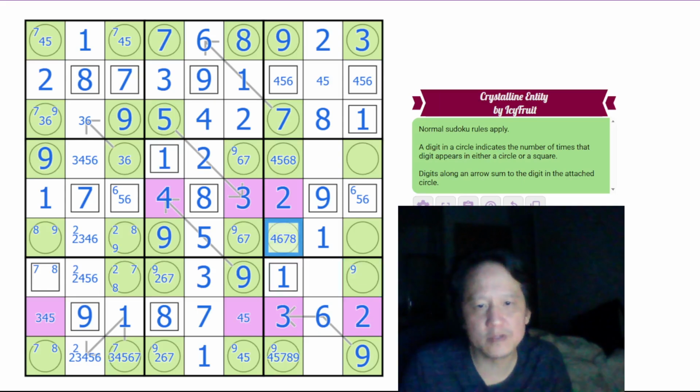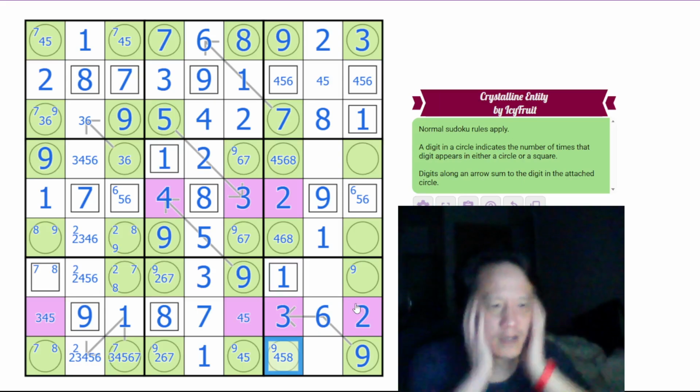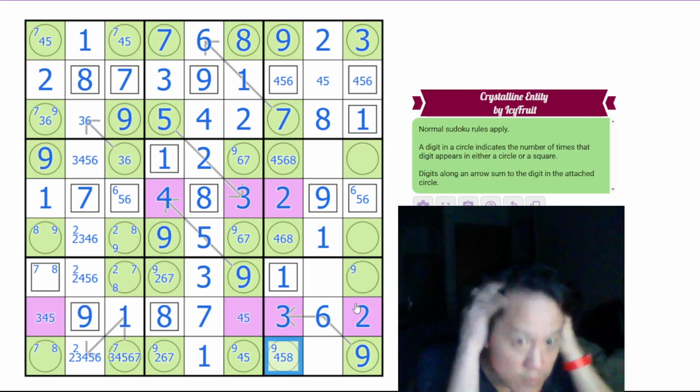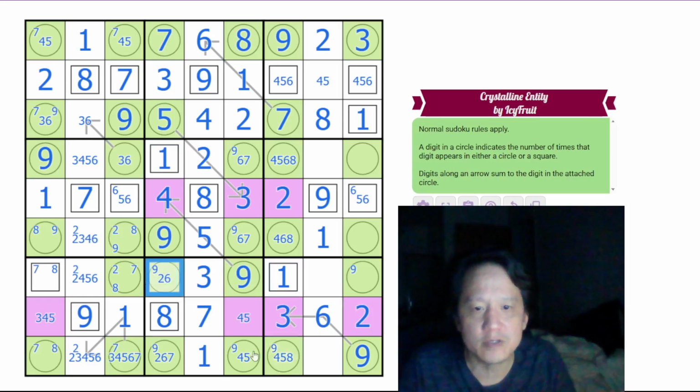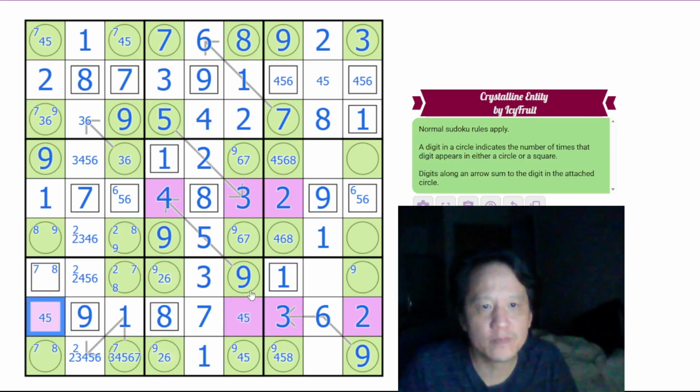This can't be 7. This can't be 7 or 9. So far, it's looking okay. This obviously can't be 7. This can't be 3.